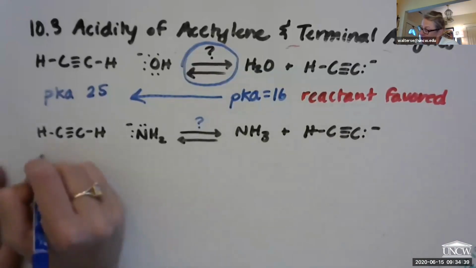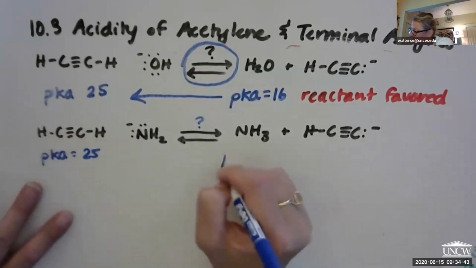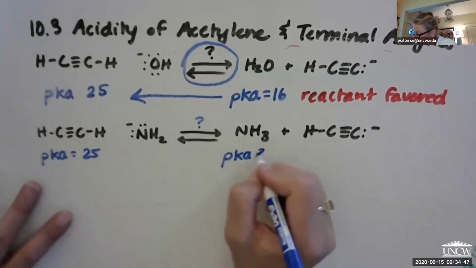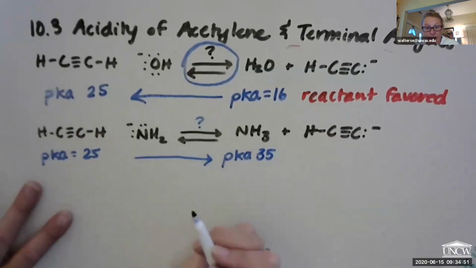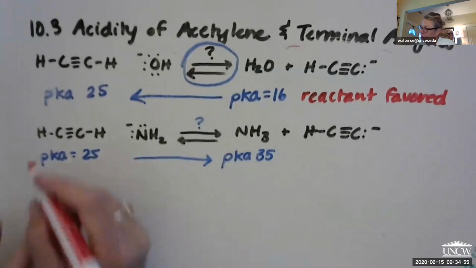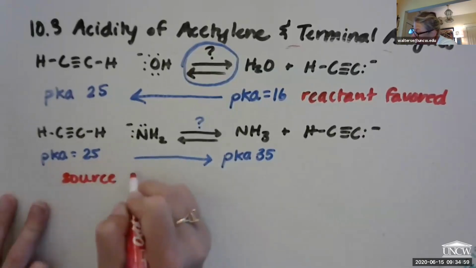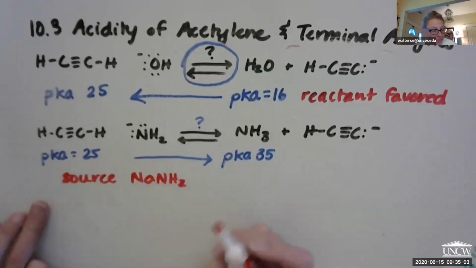Obviously, this one is still going to be 25, but now the pKa of ammonia is 35. So this reaction is product favored. Again, your source would be some sort of amide salt.